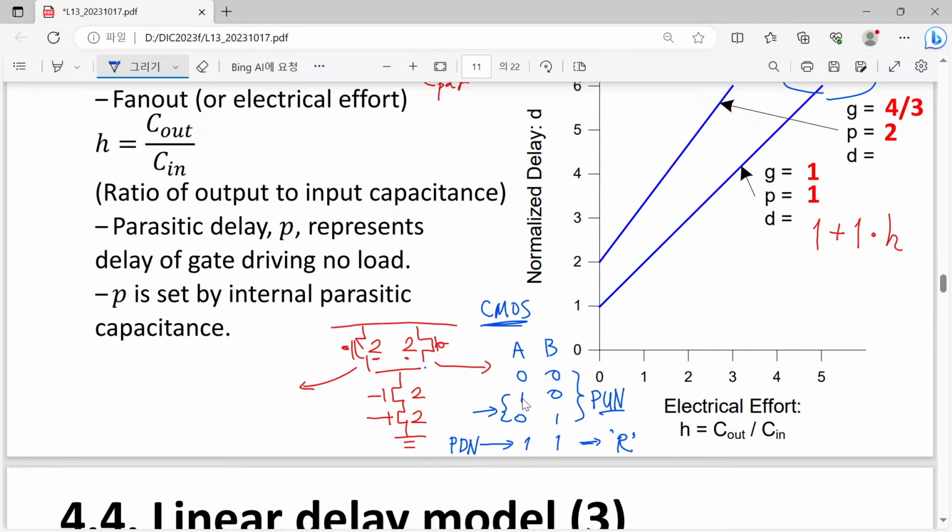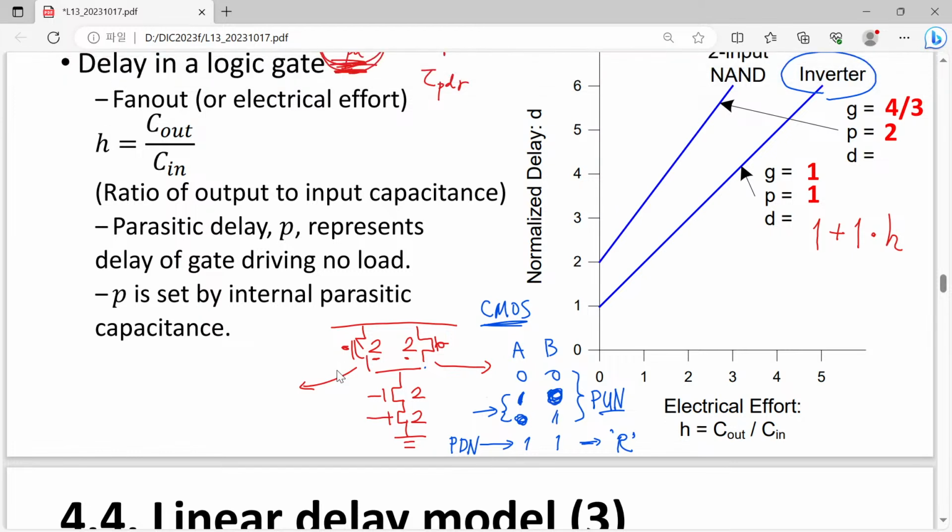What is this one? Only one of them is turned on, actually this is turned on and this is turned off, and we are considering the worst case in terms of power or strength of our pull up network.